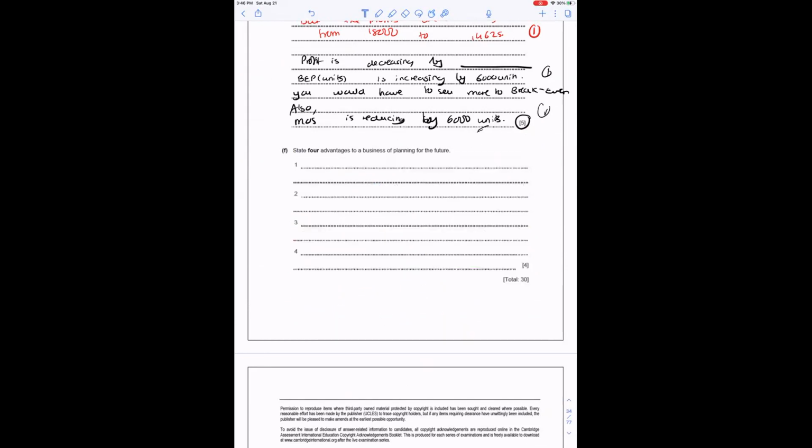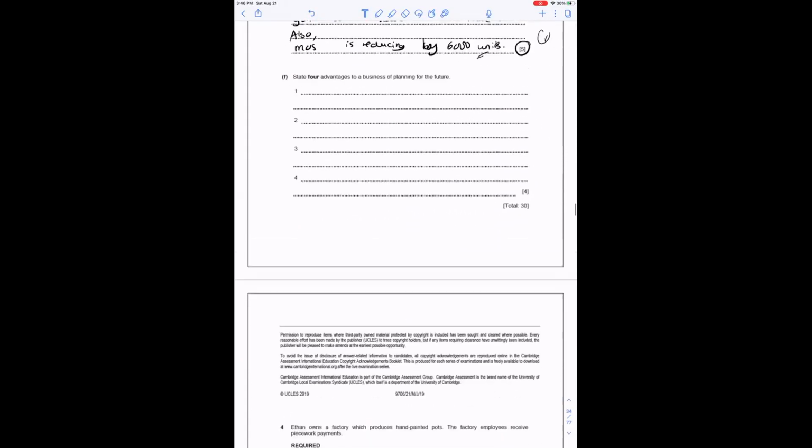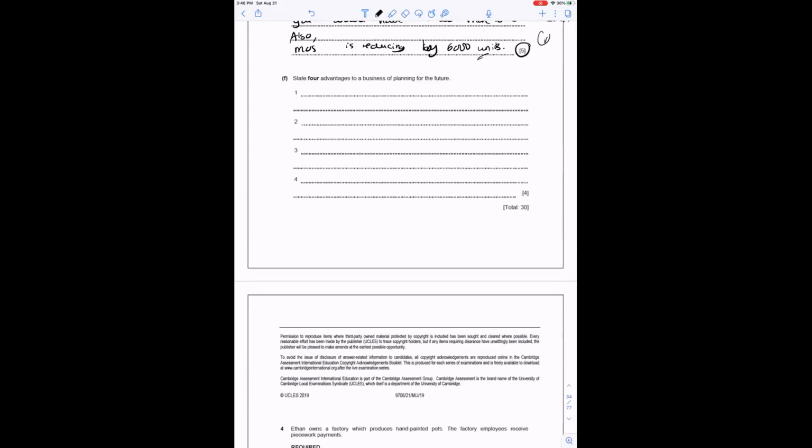What is the next part? State 4 advantages to a business of planning for the future. If you plan for the future, what could be your advantages? I can easily identify underperforming products.